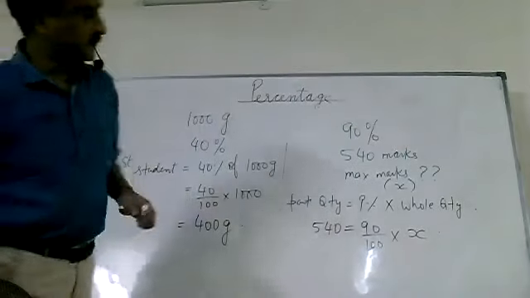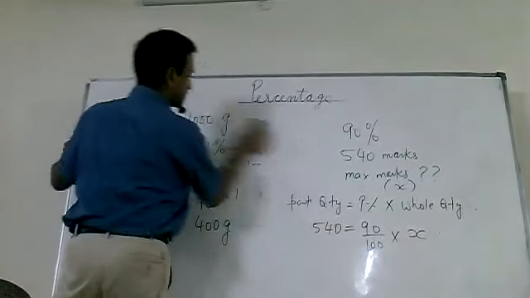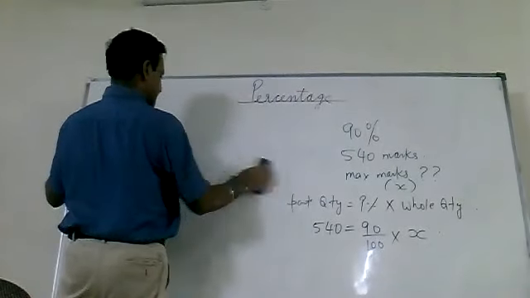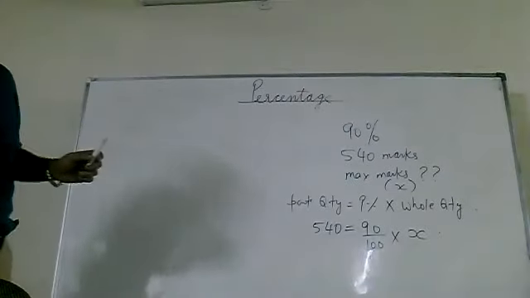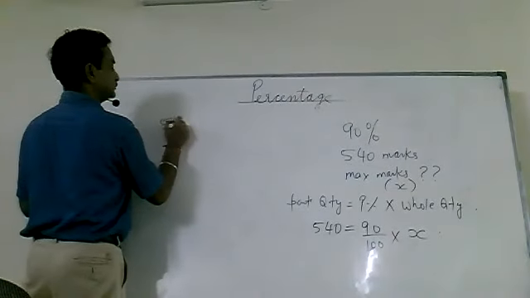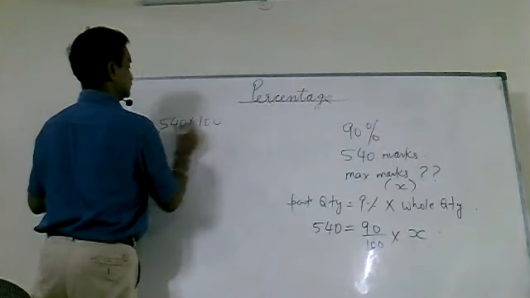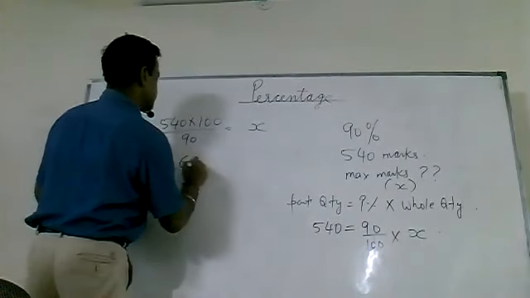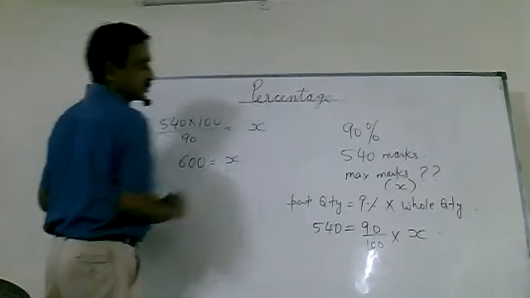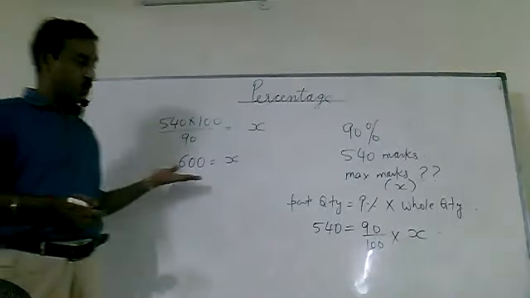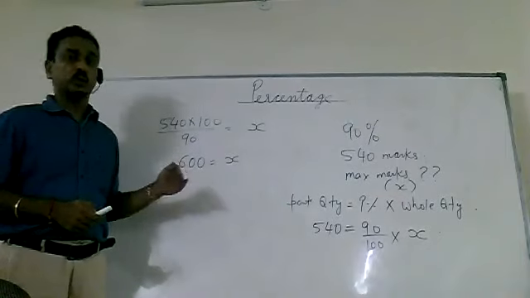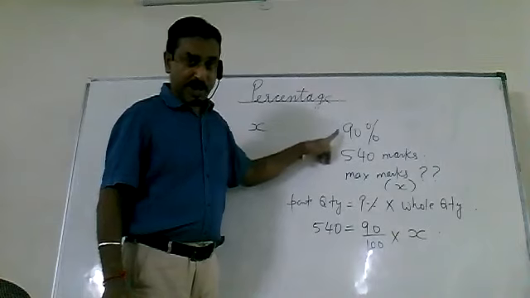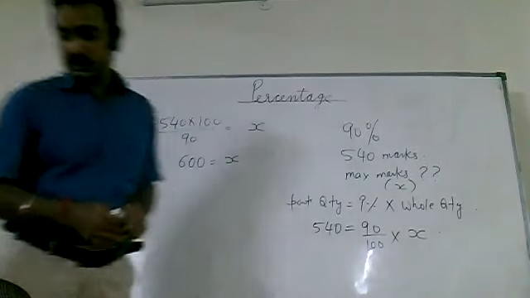Whole quantity we have to find, and I have called this term X. So we have to calculate this X here. Once we simplify this, 600 is equal to X. So this is how we can calculate the whole quantity if we know the part quantity and the percentage, right?